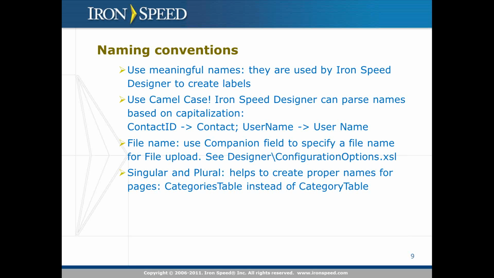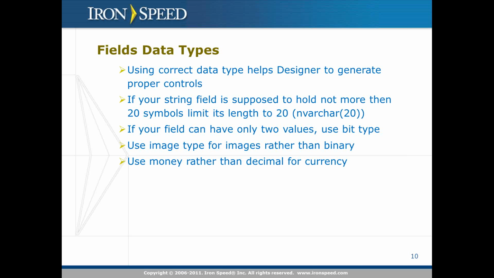It's called a companion field. In the designer configuration options XSL file, there are rules for how it finds those fields. Basically, if you have an image field called, let's say, MyPicture, and you have another field called MyPictureName, Designer will recognize that MyPictureName is effectively a string field where I need to keep the name of the file. It will do it automatically for you.